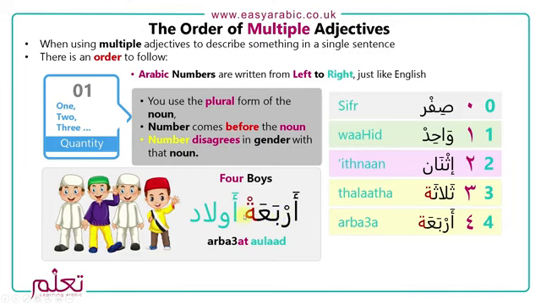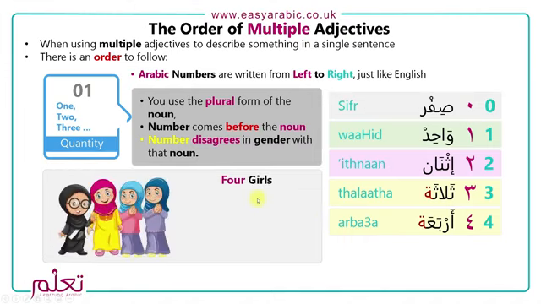So arba'at, and again we pronounce the ta: arba'at awlad. If we say 4 girls, girl is bint, and the plural is banat. Here we will drop the ta marbuta, so it'll be arba'a banat.